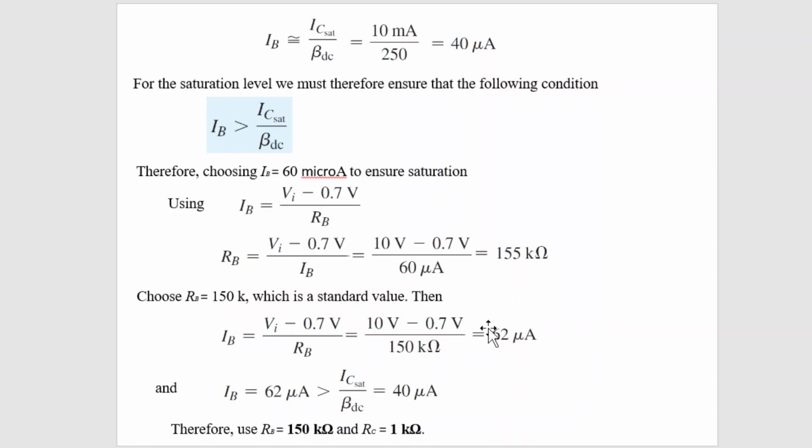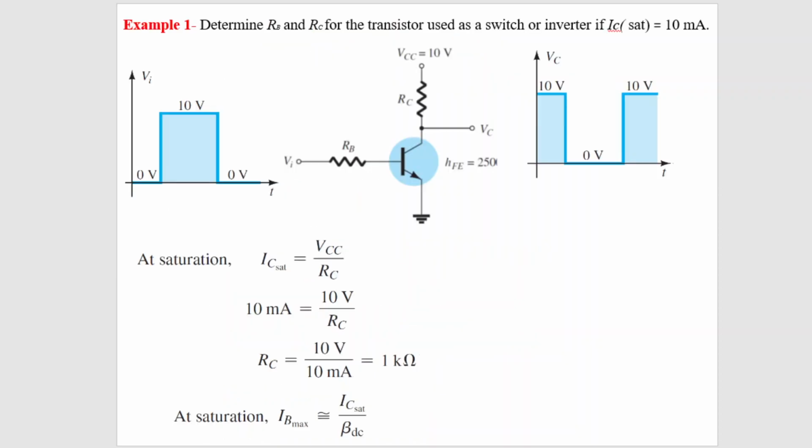Now this 62 microampere is obviously greater than 40 microampere, that is IC saturation upon beta DC. That means this 62 microampere is enough to put the transistor in saturation. So this standard value, 150 kilo ohm resistance, is enough to push the transistor in saturation, and then the transistor will be working as a switch, working as an inverter.